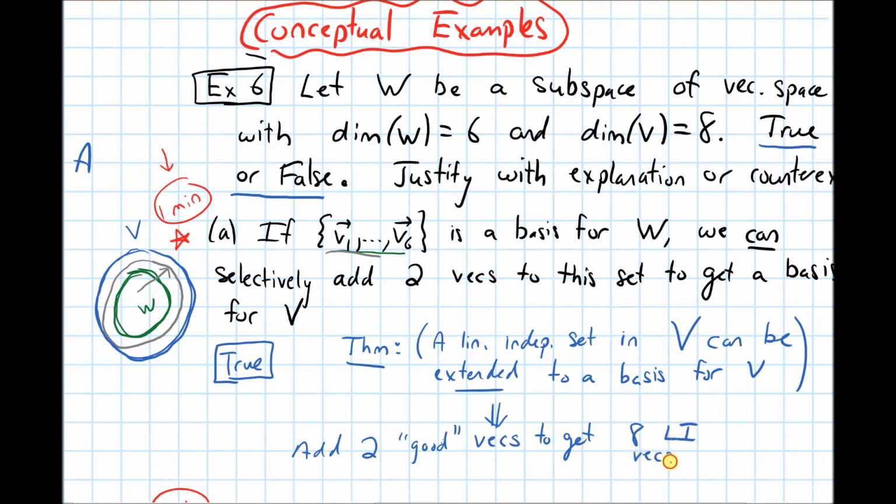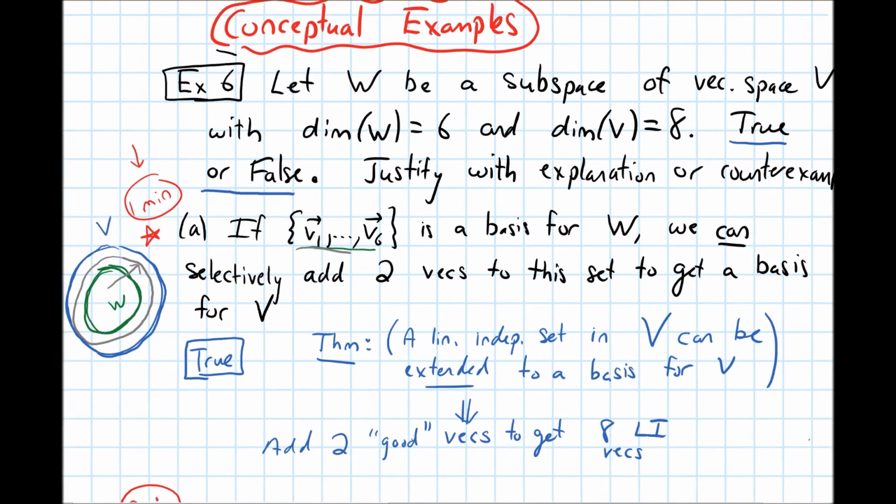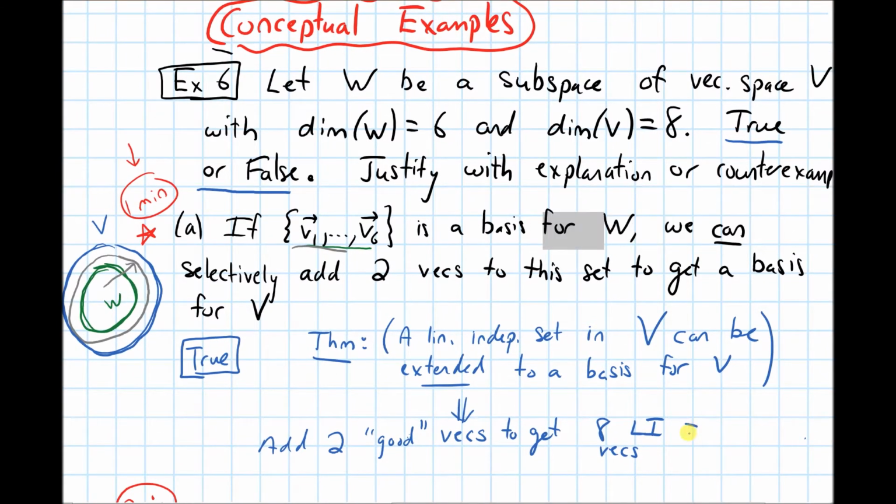So that's what I mean by good: when I add them to this list of 6, the 8 vectors are going to be linearly independent. And if I have 8 linearly independent vectors, that is guaranteed to be a basis for V, because the dimension of V is 8.